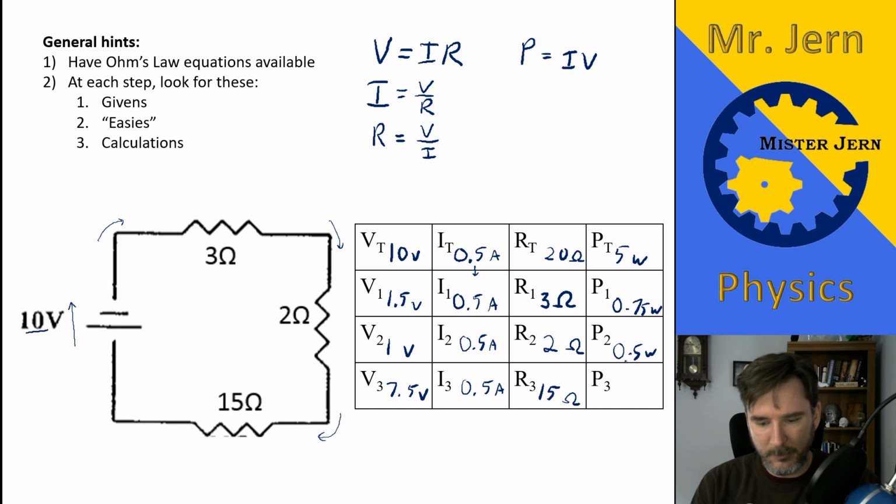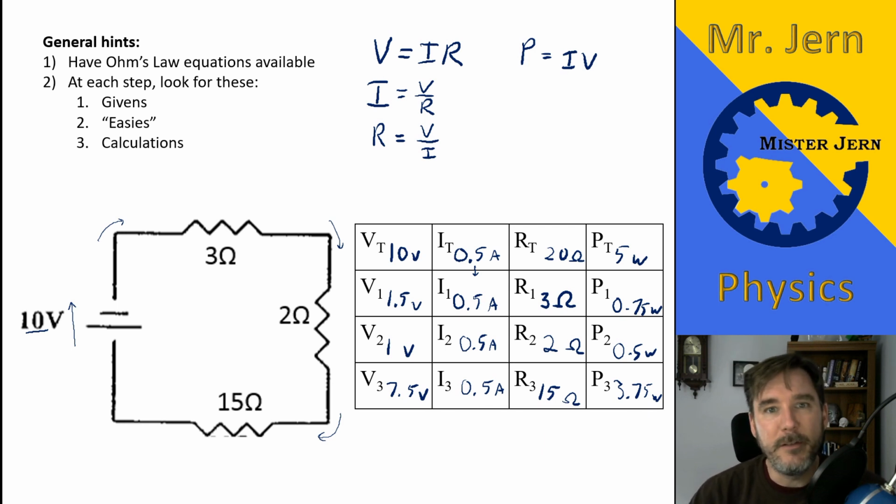I am going to check that one with the calculator because I don't trust myself here. 7.5 times 0.5 gives me 3.75, yeah. So 3.75 watts, and I'm just going to sum those up just to make sure. Plus 0.5 plus 0.75 should give me 5. So those are correct.